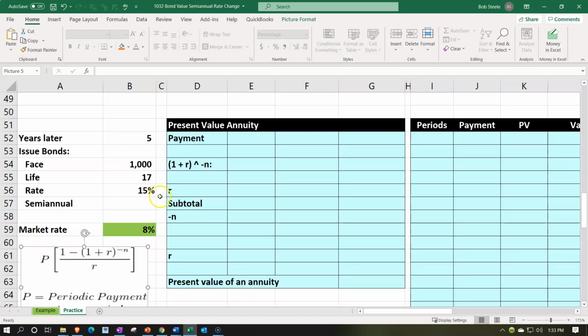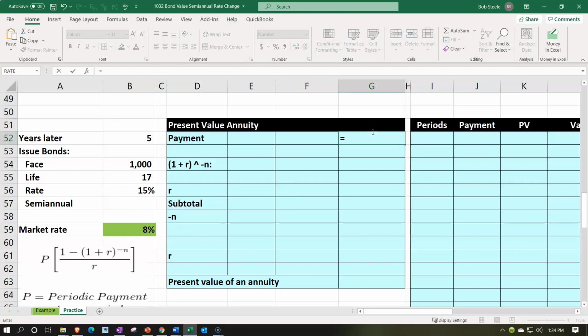It's the 1,000 times the amount on the bond, 15%, divided by 2, because it's semi-annual still. 1 minus 1 plus R. R now the market rate, 8%, but that's yearly, divided by 2, 4% to the negative N, which now is 17, but that's years times 2, and then divided by R again, which is the market rate, 8% divided by 2. Okay, let's break that out in the table.